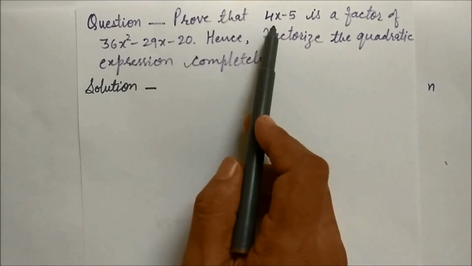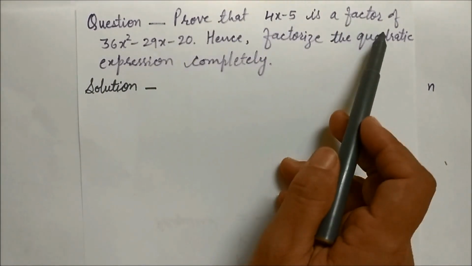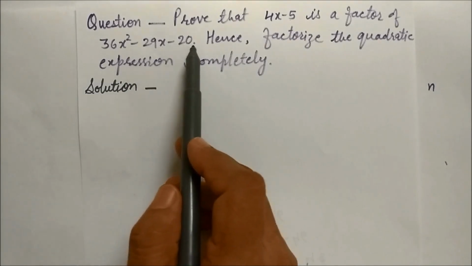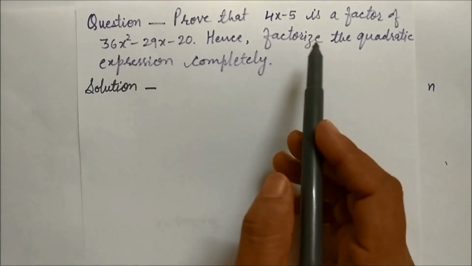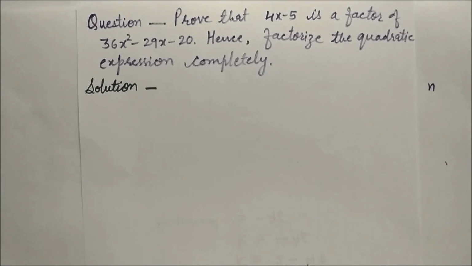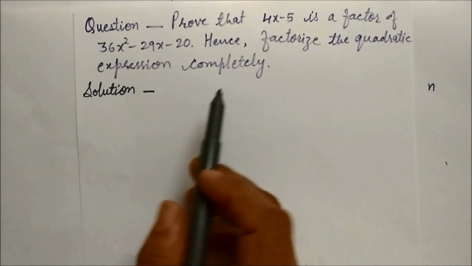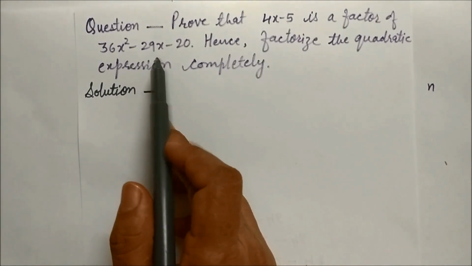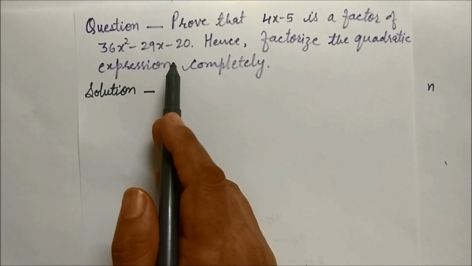Prove that 4x minus 5 is a factor of 36x square minus 29x minus 20. Hence, factorize the quadratic expression completely. For proving 4x minus 5 is a factor of the given polynomial, we will replace the value of x.